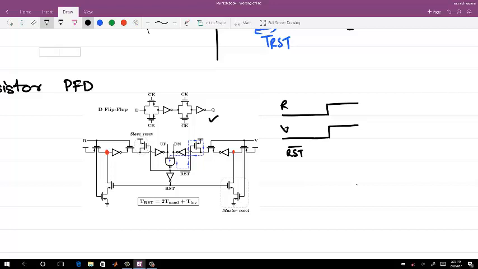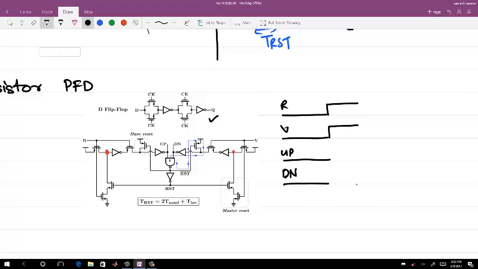So the up and down signals, both are actually low.